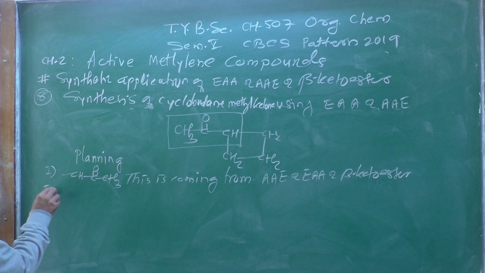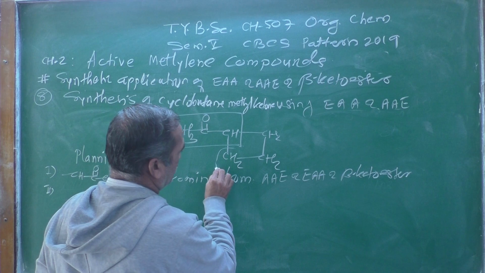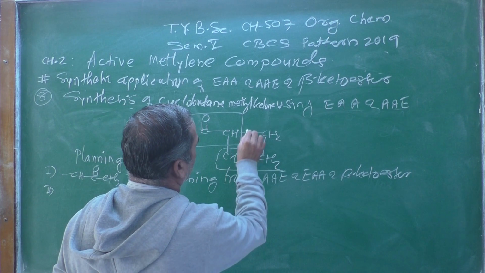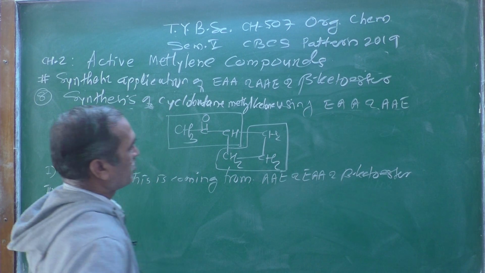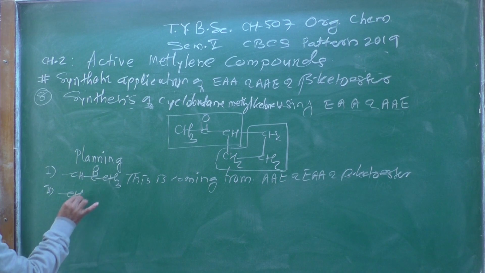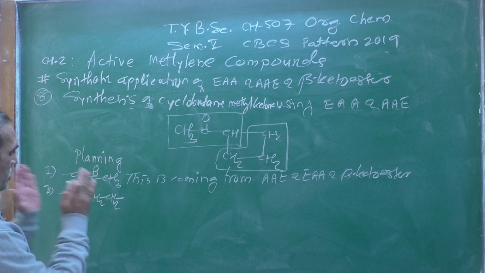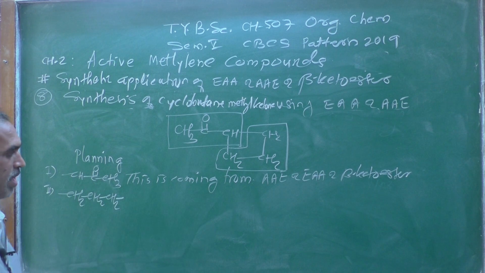Now the second point which I am going to mention over here. Once again, see carefully, I am highlighting this group over here. See, CH2, CH2, CH2, meaning this CH2, CH2 and CH2.